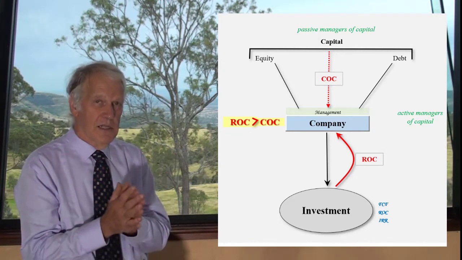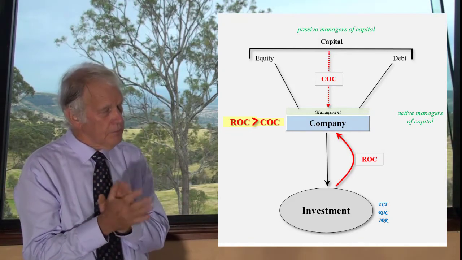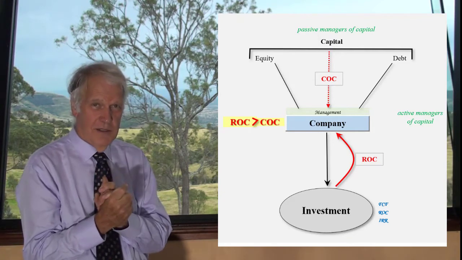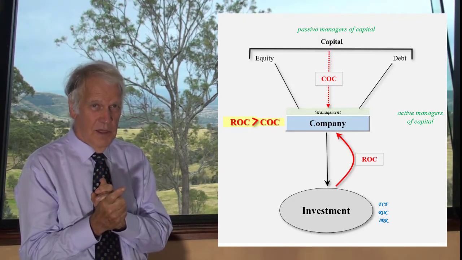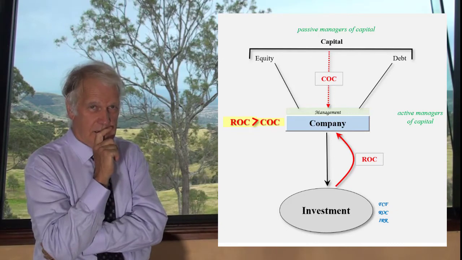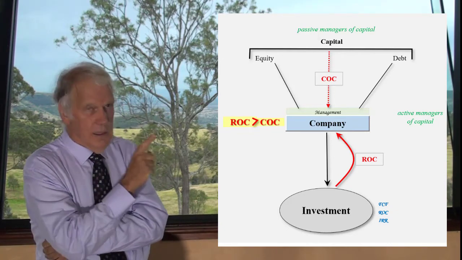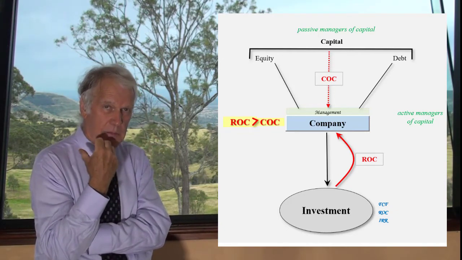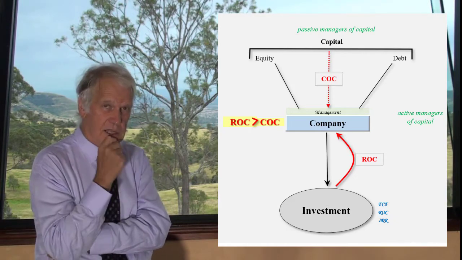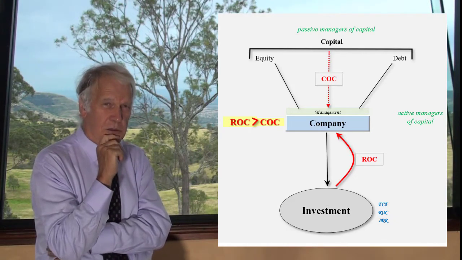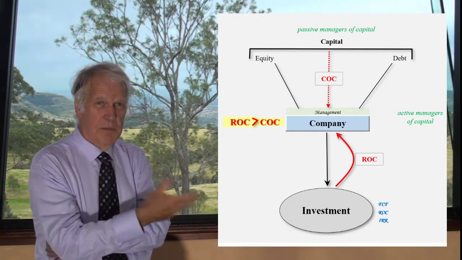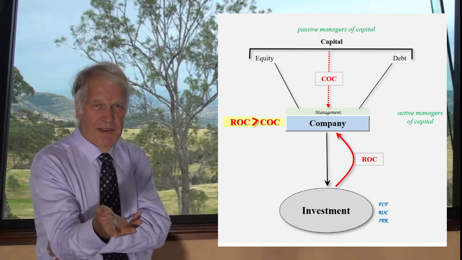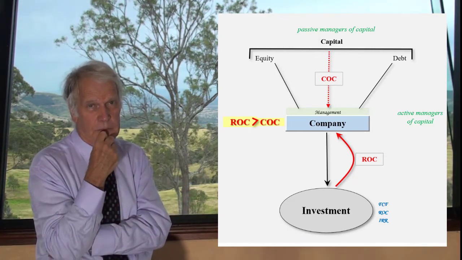Now, it's very easy to explain, but it's nearly always misunderstood. And let me demonstrate the misunderstanding. Let us suppose that I am the chief executive of this company and you are my shareholders. In other words, I'm meant to be running this company to generate value for you.